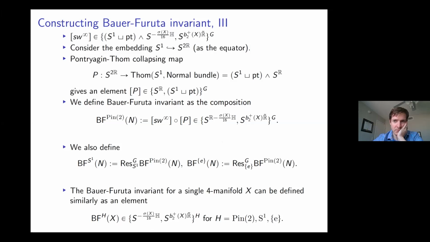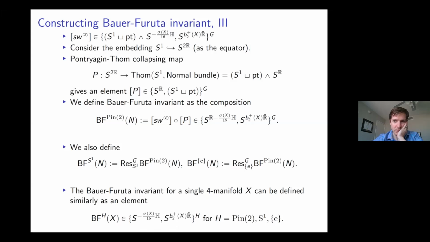Sorry for this long definition of the Bauer-Furuta invariant. I just want to sketch this construction: how do you go from gauge theory to this element in a stable homotopy group of spheres? I think this is really beautiful work of Bauer and Furuta, so I just want to give it here.